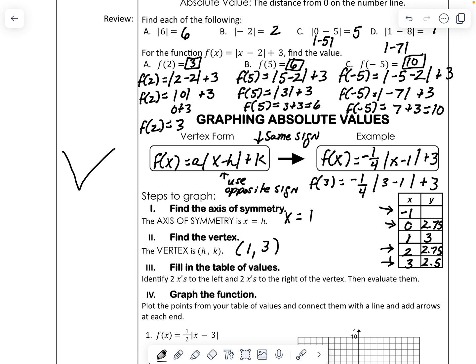Because when you multiply 2 times the 1/4, you're going to end up with 0.50 plus 3, you're going to get 2.5. You should end up with the same number when you put in your -1.